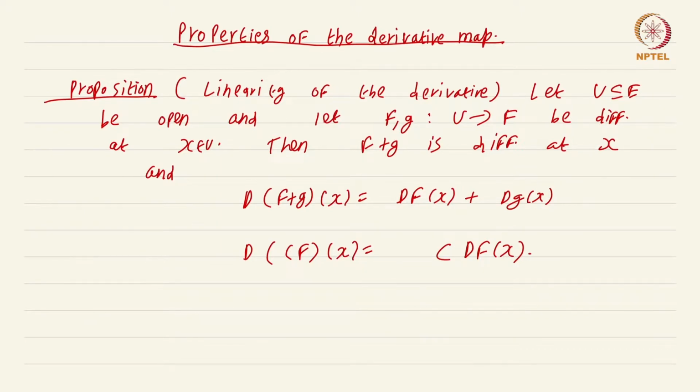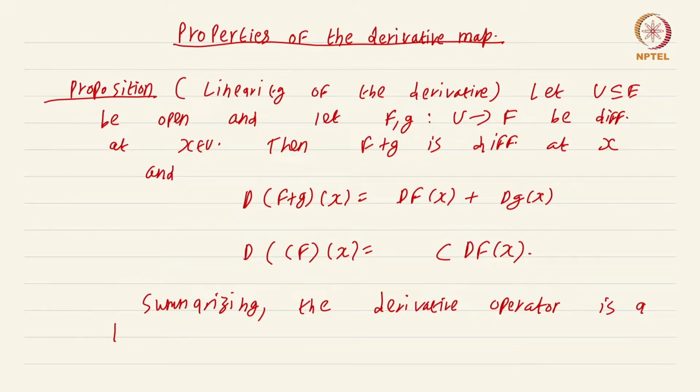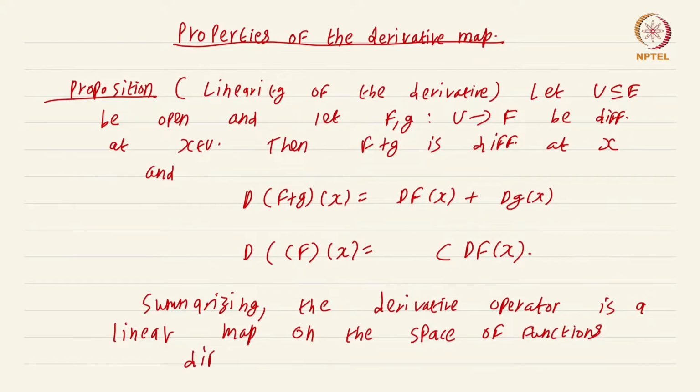So summarizing, the derivative operator is a linear map on the space of functions differentiable at X. Okay, so the statement is really long. The proof is going to be rather easy.